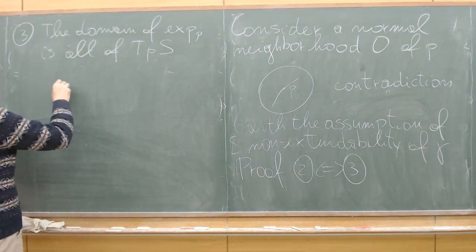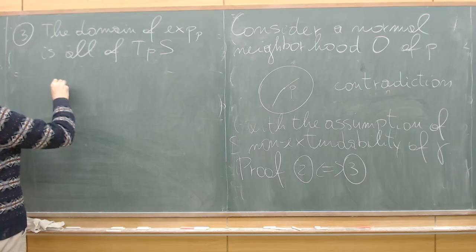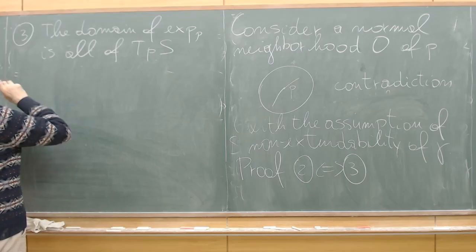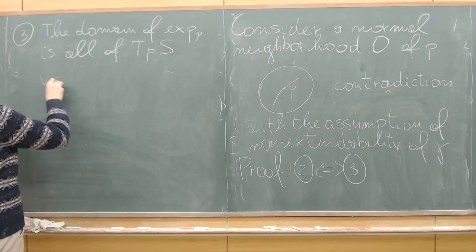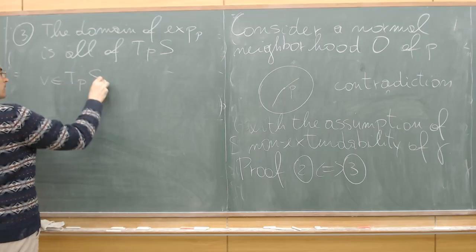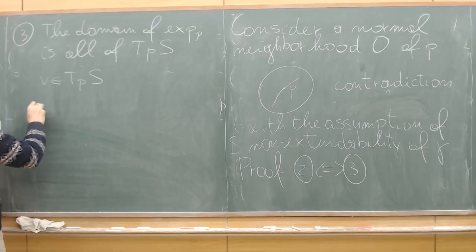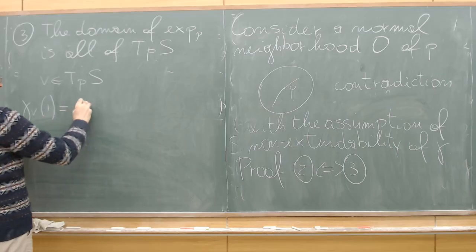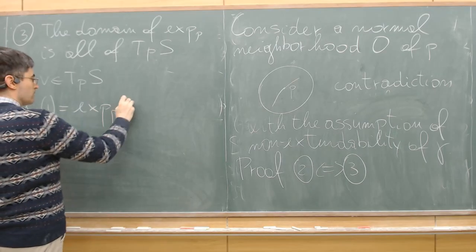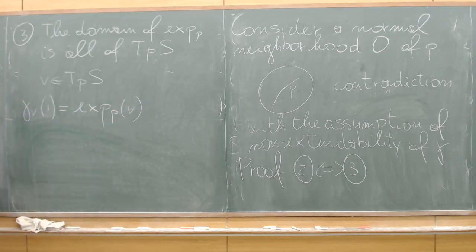If you have that V is a vector in TPS, then what happens if I use this identity and I replace V with TV?